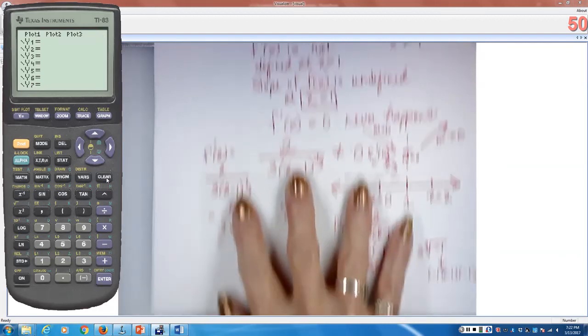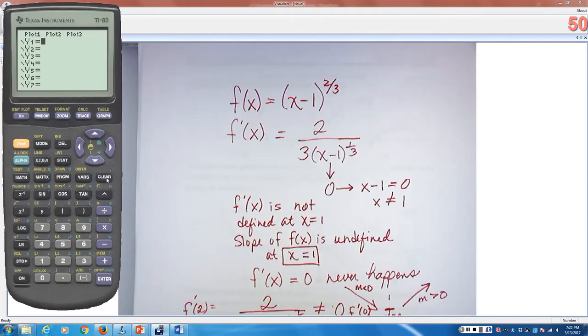Remember, our original function was x minus 1 to the 2/3 power. Always put your fractional exponents in parentheses. And that window will do just fine.